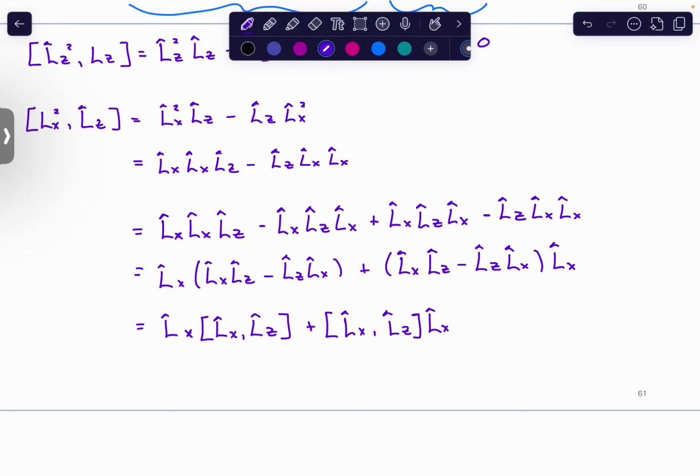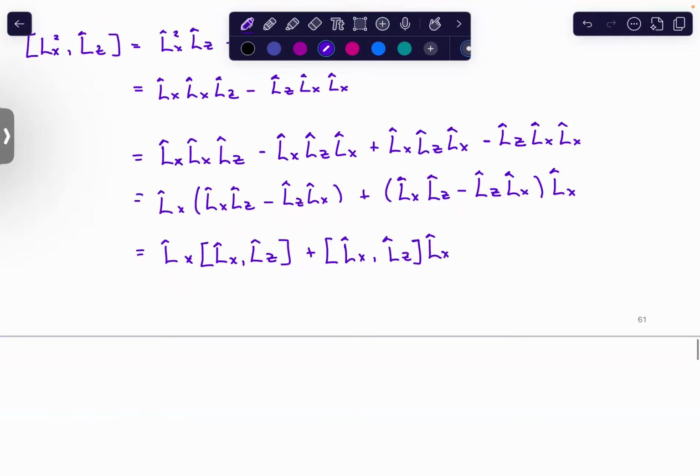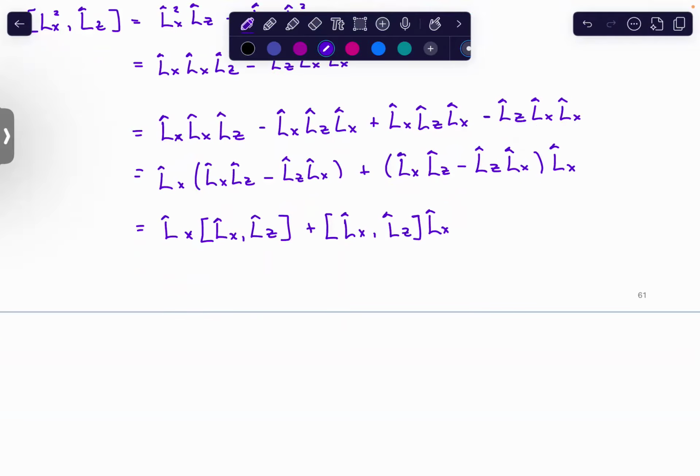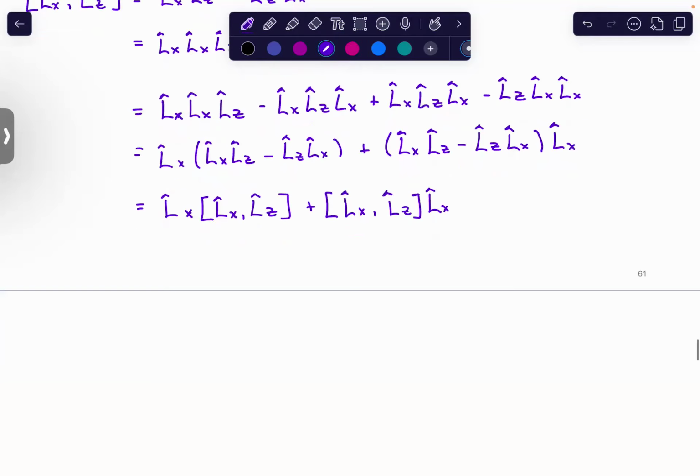There we go. So now one of the ways that commutators work is, you can go through the math and do this all again, or you can have a little faith, because you're more than welcome to prove this.